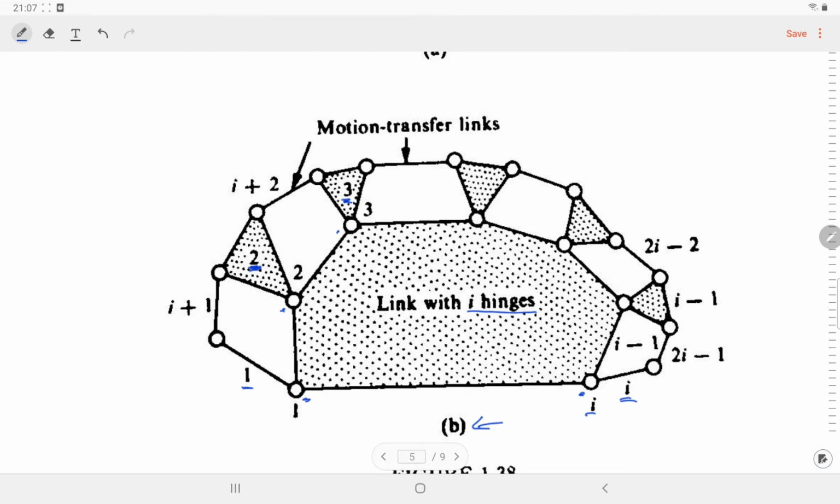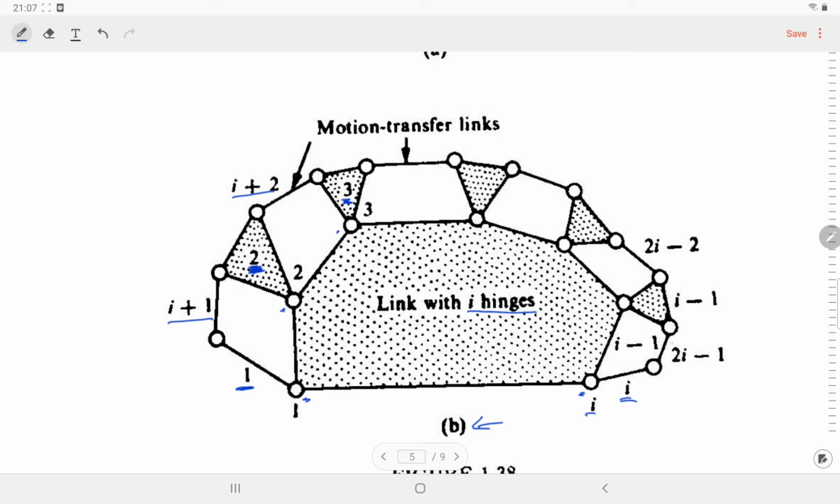Now, in order to have a constraint mechanism, we have to connect this link to this link and this link to this link. For that we will introduce a new link, the i plus 1th link, and this link, the i plus 2nd link, and like that.